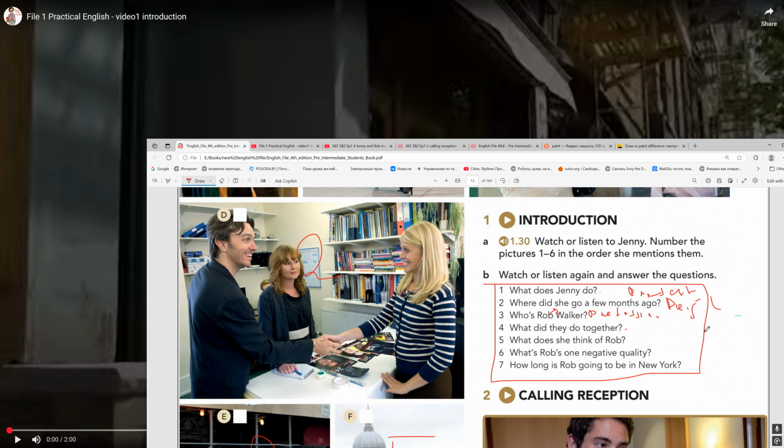Action. Maybe they can swim, celebrate, work, or other options. What does she think of Rob? So think about maybe the traits of character. Talkative, punctual. Do you remember? Talkative, punctual, easygoing. Then 6. What's Rob's one negative quality? Again, you should remember.